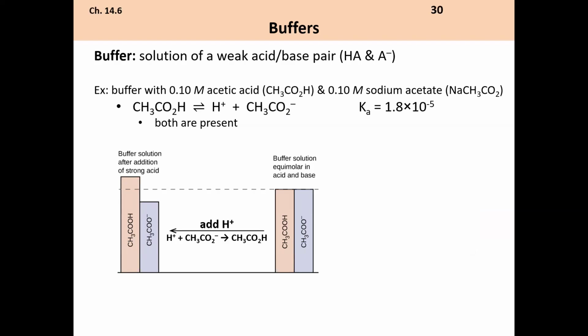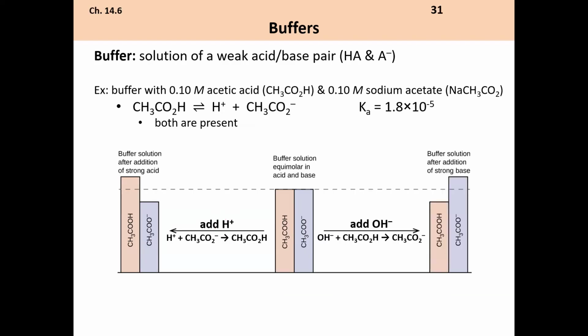But the key thing is all the H plus gets removed. If instead I add in OH minus, that OH minus converts some of the acid into base. But the key thing is that my OH minus goes away. This seesaw is how they keep the pH from changing a lot.